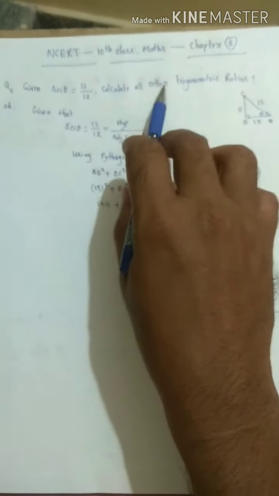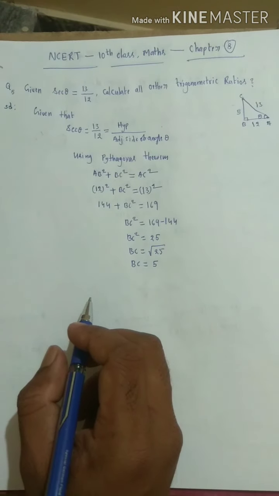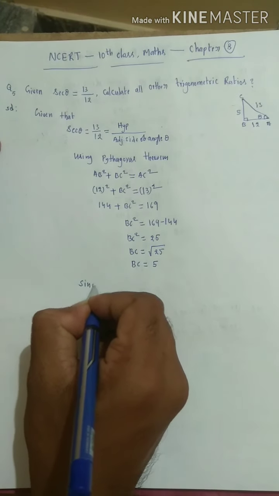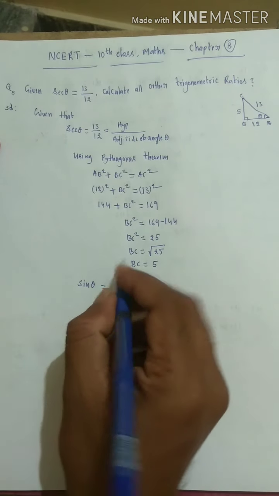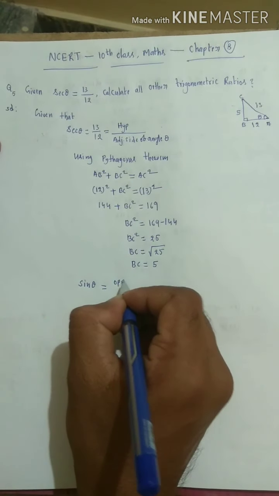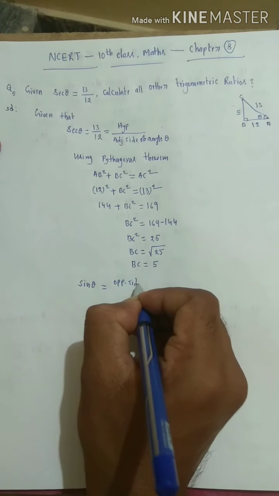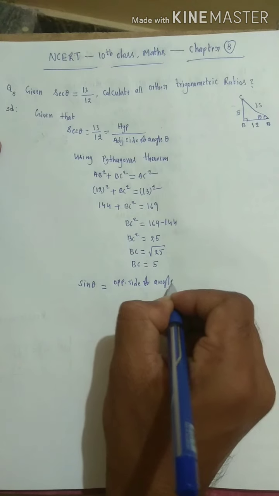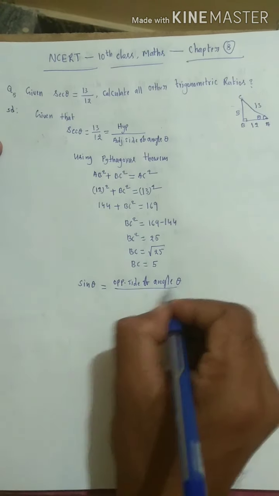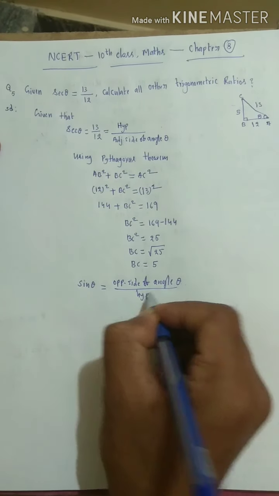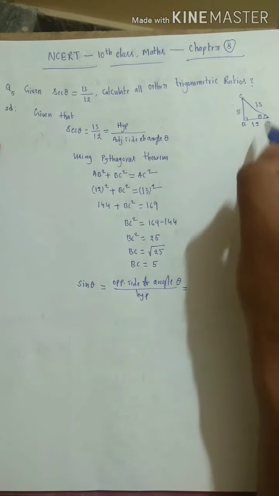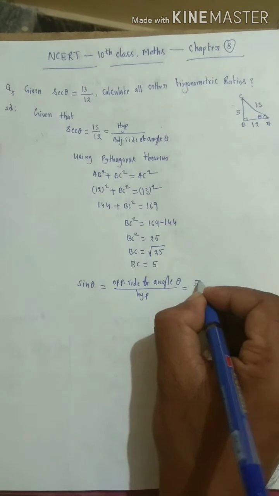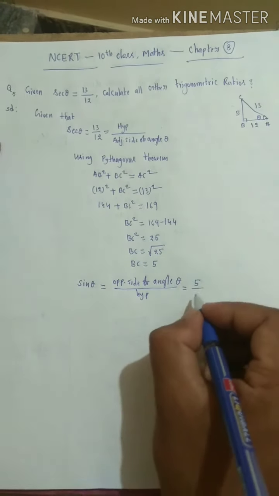Next, we find all the other trigonometric ratios. First one, sin theta. What is the form of sin theta? Opposite side of angle theta upon hypotenuse. Opposite side of angle theta value is 5 units upon hypotenuse is 13 units.